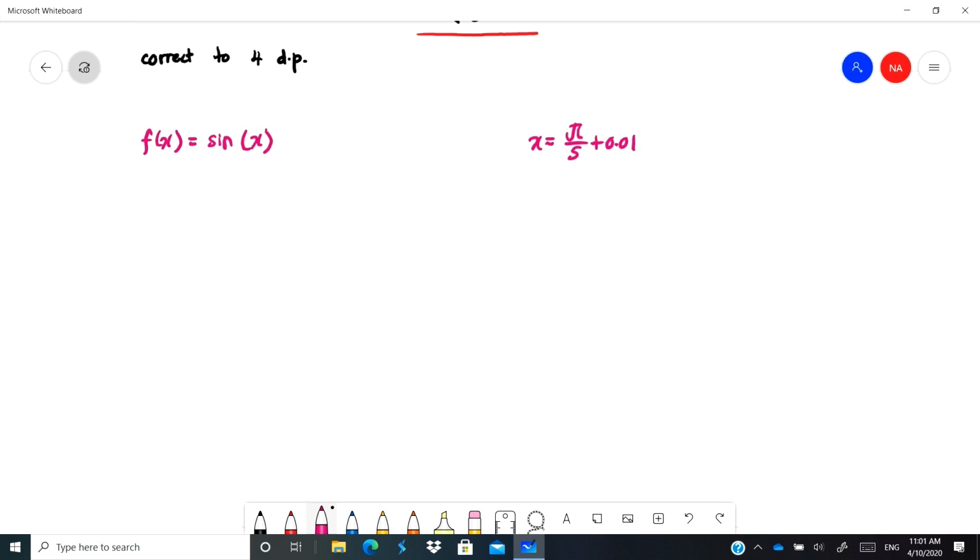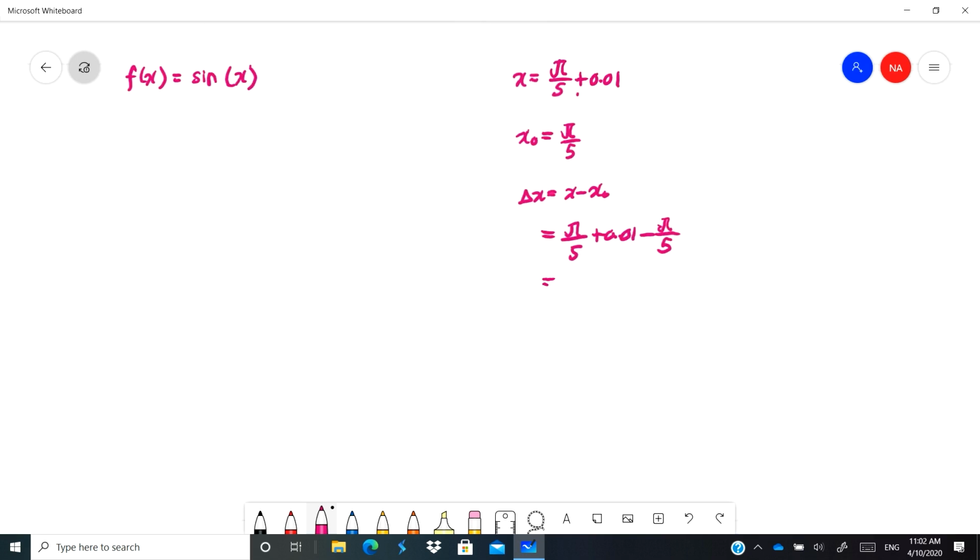Of course, x naught is the value nearest to this, which is pi over 5. So delta x will be x minus x naught, which is pi over 5 plus 0.01 minus pi over 5. So delta x is 0.01, which is positive.